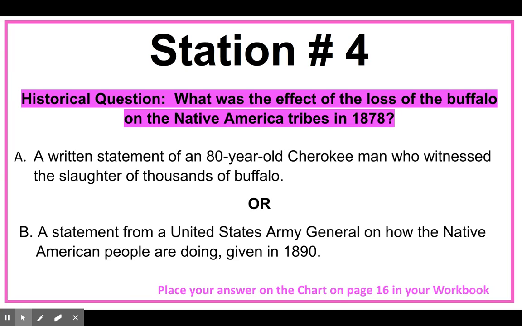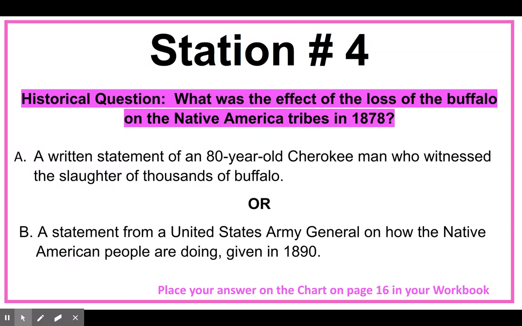Source A is a written statement of an 80-year-old Cherokee man who actually witnessed the slaughter of thousands of buffalo. Or would you use a statement from a U.S. Army general on how the Native American people are doing? He gave his statement in 1890.